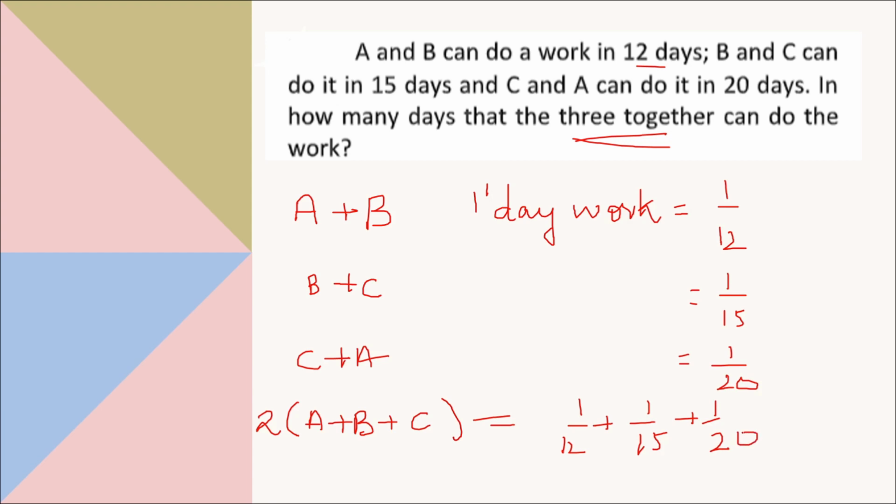So this will be their total work. Now you can find the LCM. So how much is the LCM you are getting? We are getting 12 upon 60, so that is nothing but 1 upon 5.